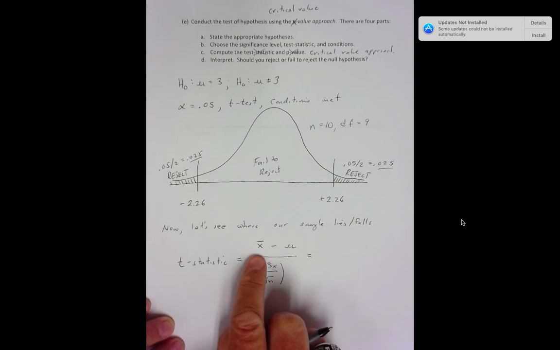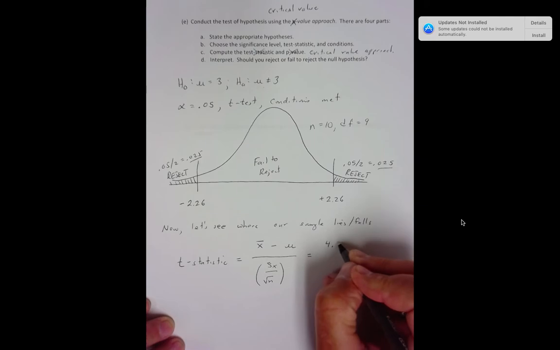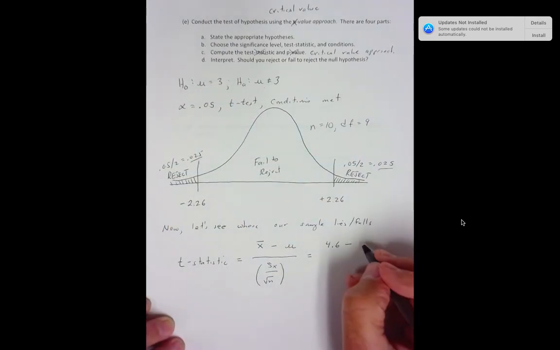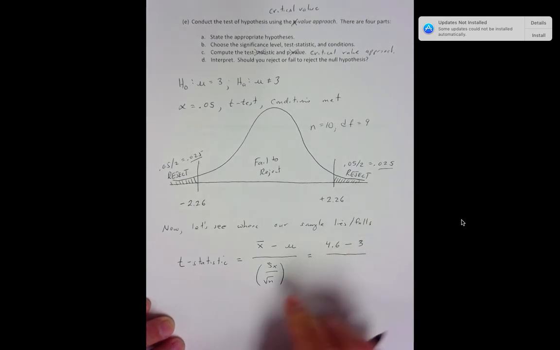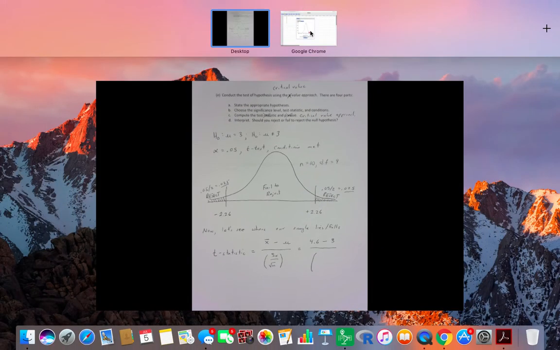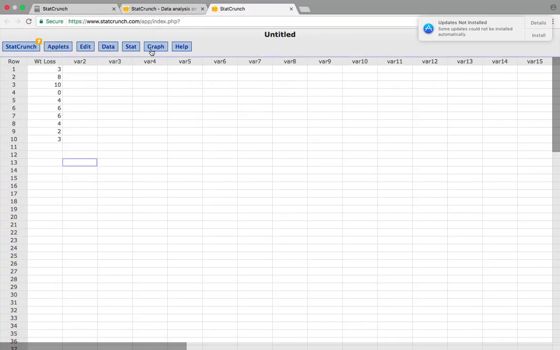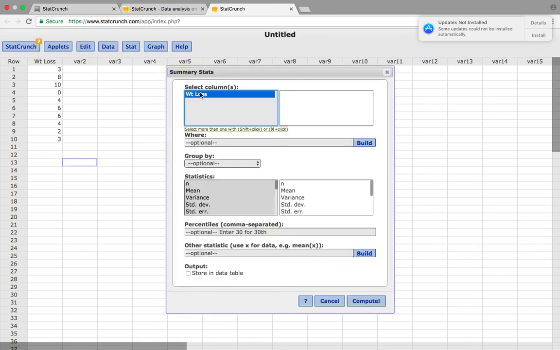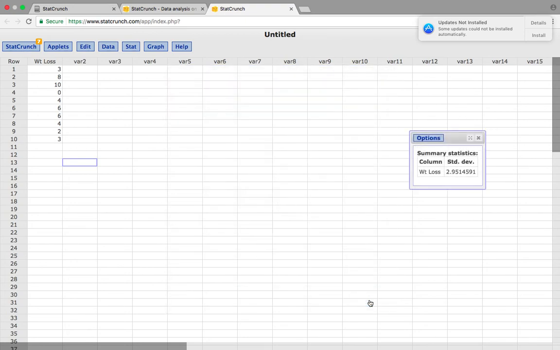Well, guys, we saw earlier that the mean of our sample was 4.6. The mu is the claim in the null hypothesis. The standard deviation, I'm going to have to go get that because I don't remember it. It is 2.95, but guys, I don't know if you noticed or not, but look at this.